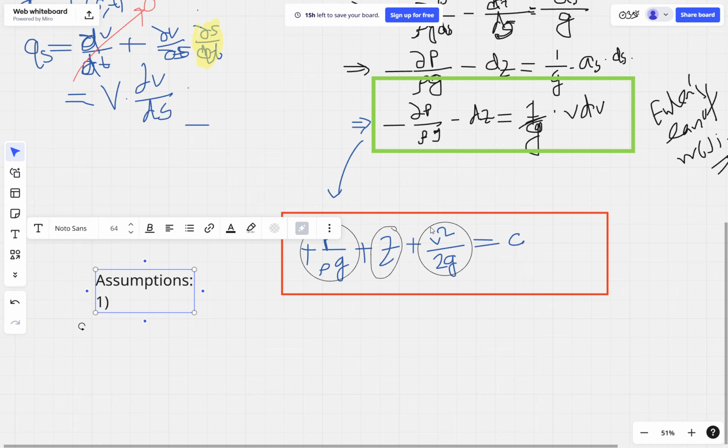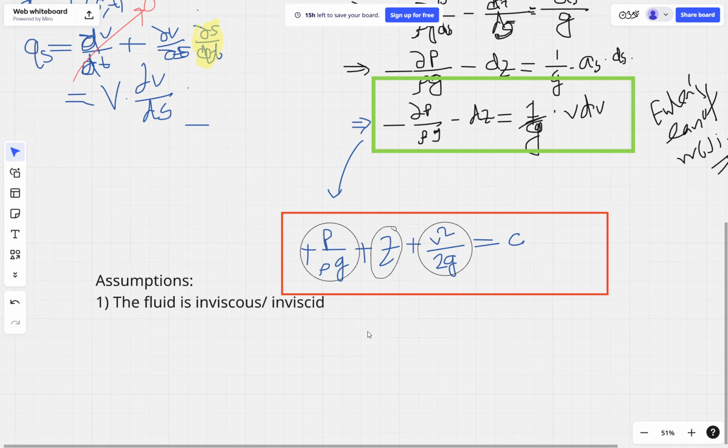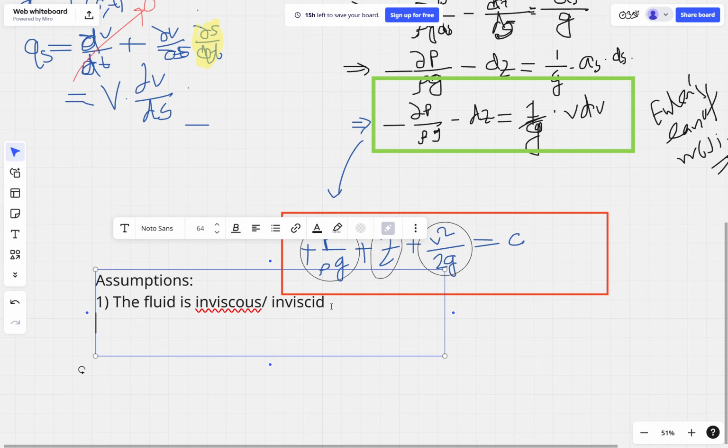At first we assumed that the fluid is inviscid, or non-viscous.